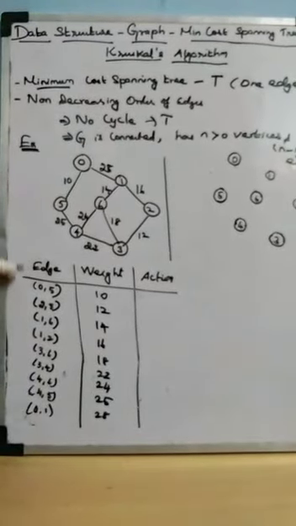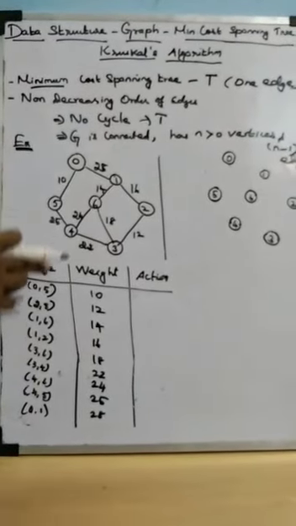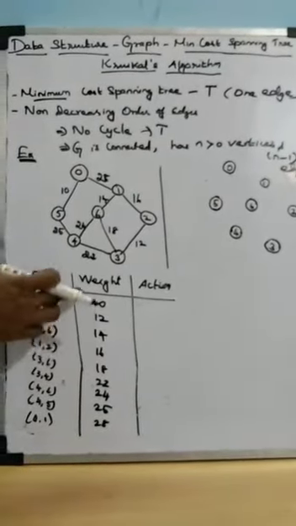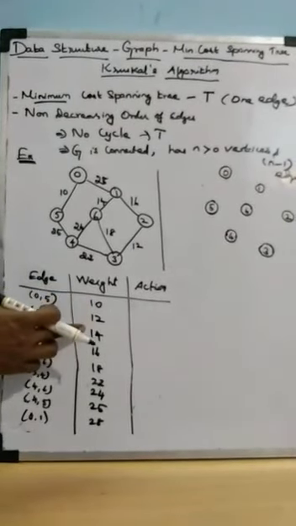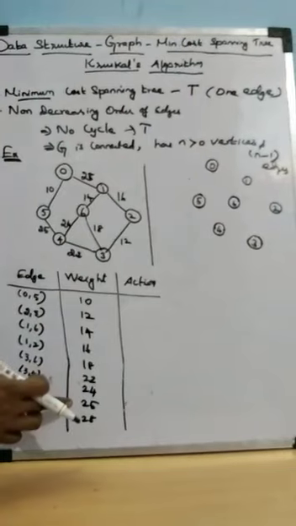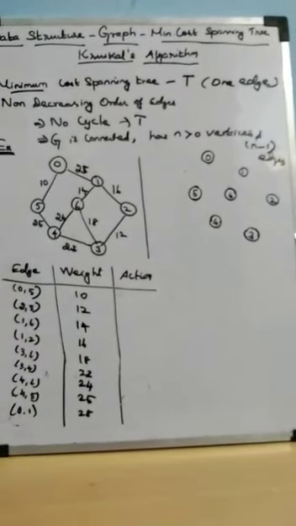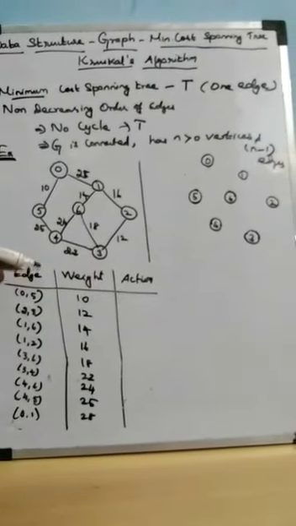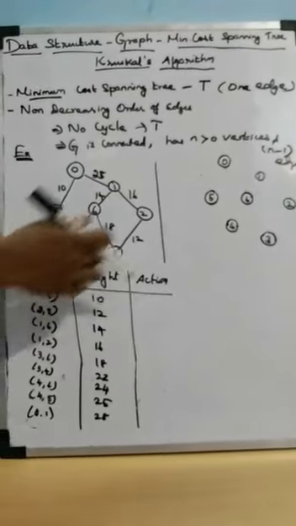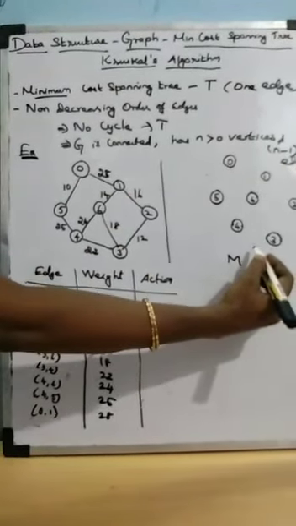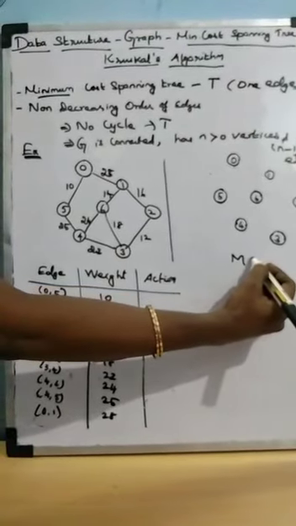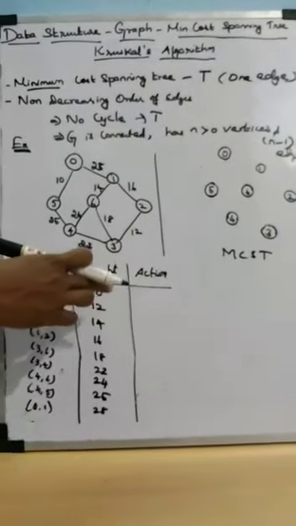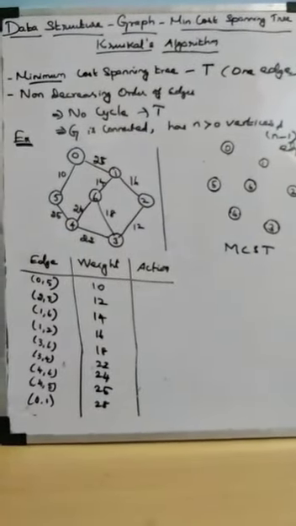We can list out the edges in the given graph in non-decreasing order of their weight or cost, starting with 10, 12, 14, 16, 18 up to 28. This table shows the order in which the edges are considered for adding, the resultant graph, and the action to be taken in the construction of the minimum cost spanning tree.